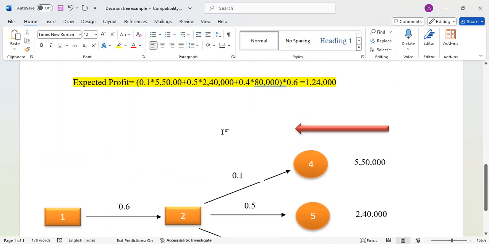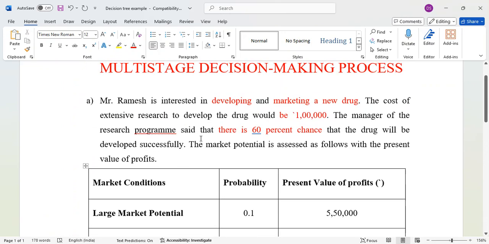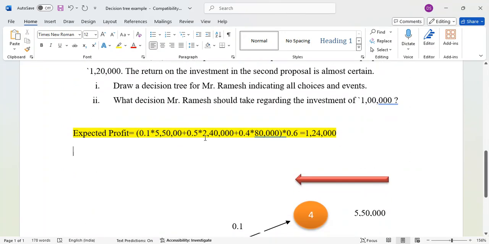Through this process, expected profit or expected loss comes into the picture. In this particular case, producing the product through R&D and marketing it to different market segments is good, rather than putting the money into other project proposals.